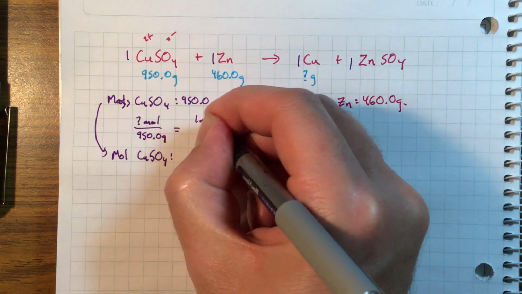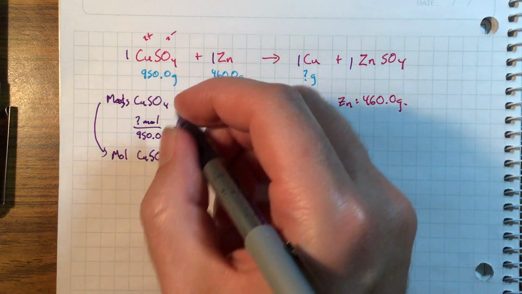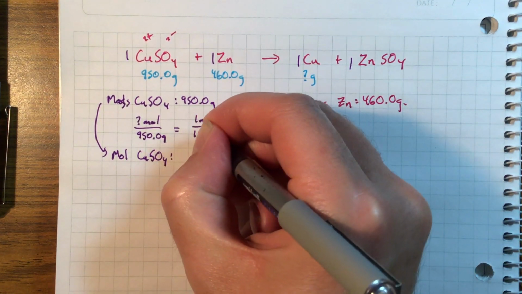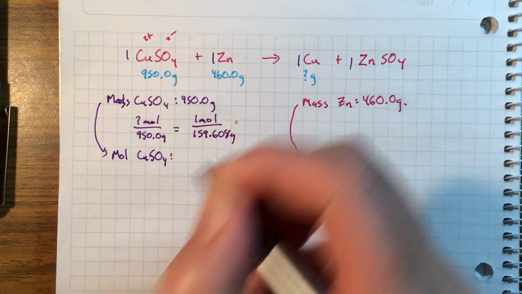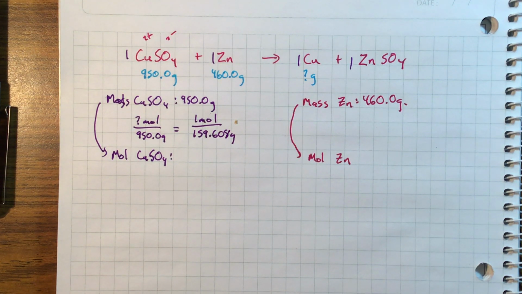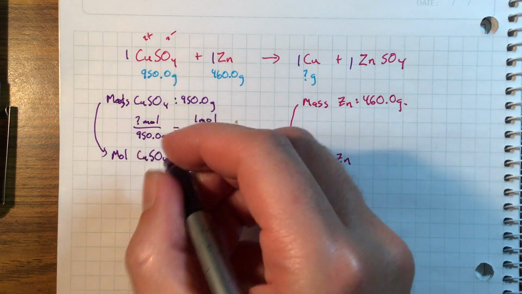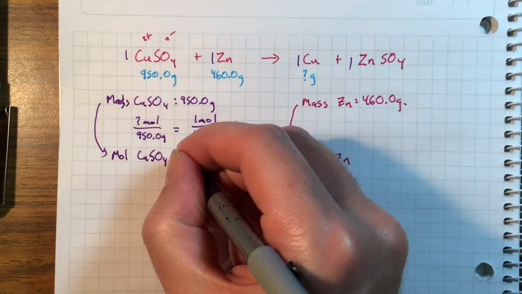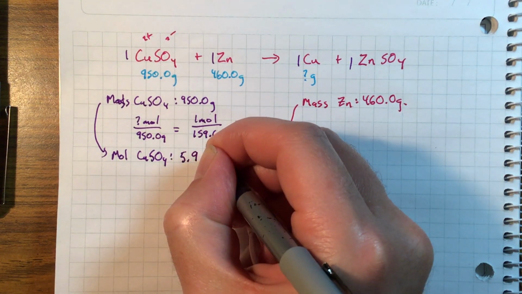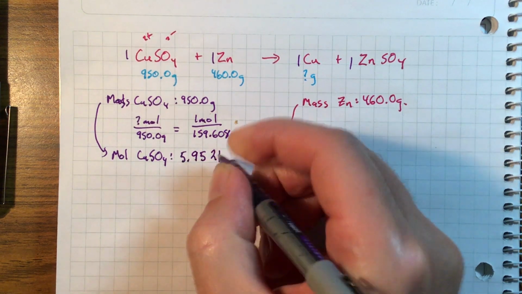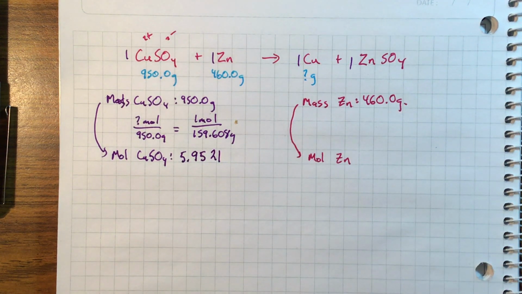If 1 mole has 159.608 grams, so we do our 950 divided by 159.608. 5.9521. 5.9521 moles. 5 sig figs.